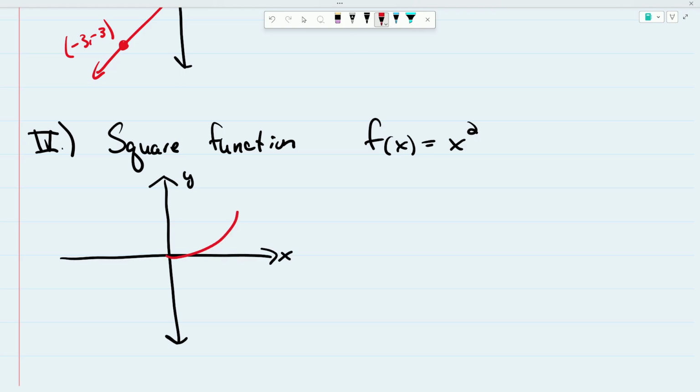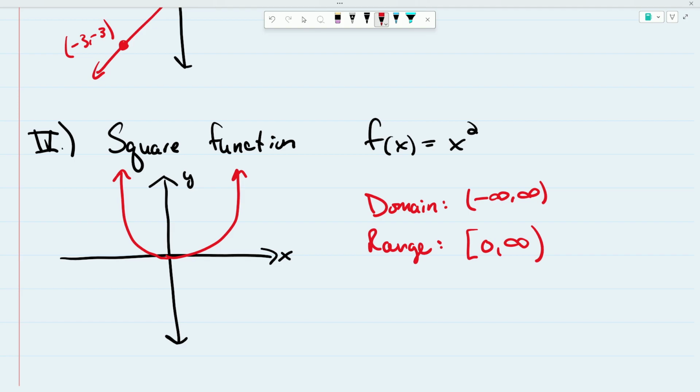And that's going to look like this. All right. So we call this a parabola. Our domain is going to be negative infinity to infinity. Our range is going to be 0 to infinity. And I'm including 0. That's why I use the bracket. Very important for us. That bracket means we are including 0.